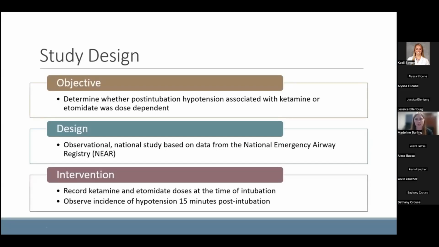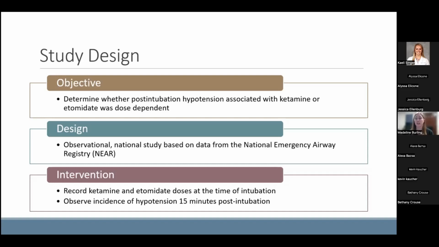The objective here was to determine whether the post-intubation hypotension associated with ketamine or etomidate was dose dependent. To clarify, we're not comparing etomidate with ketamine. We're looking at both of them separately, within themselves, and whether the dose changes within the agents were associated with more or less hypotension.